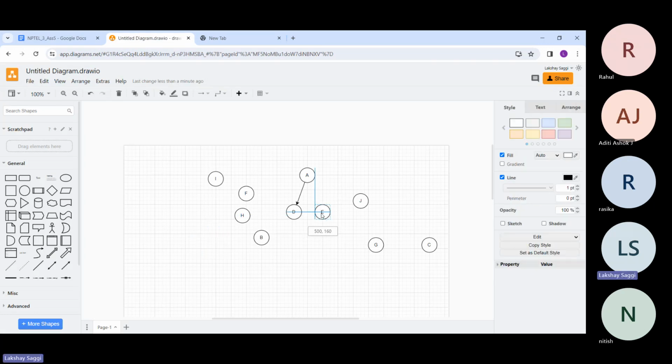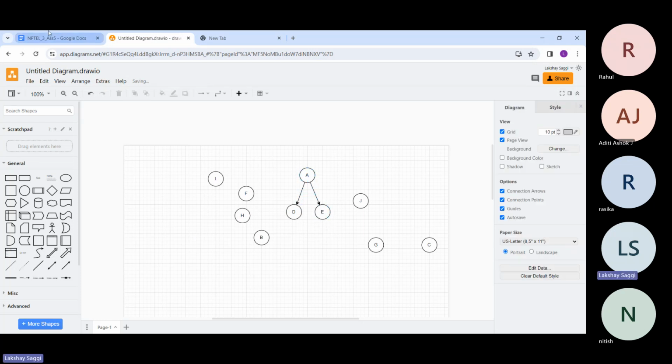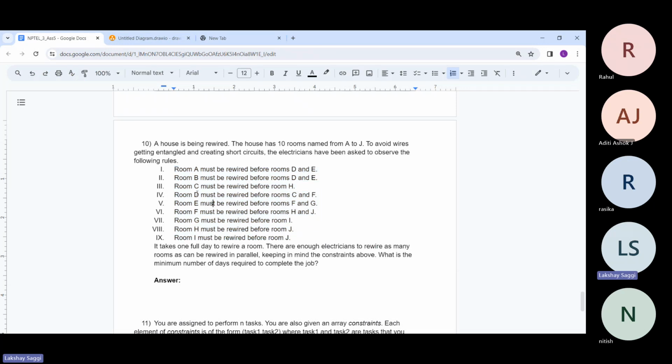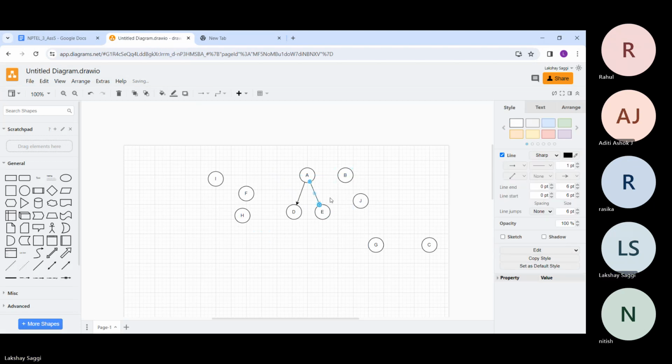So we have another arrow from A to E, right? And now the second constraint says that room B must be rewired before D and E. So B must also be rewired before D and E. So maybe I should just copy these.